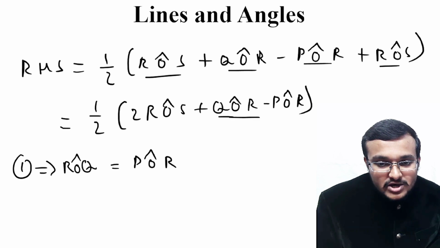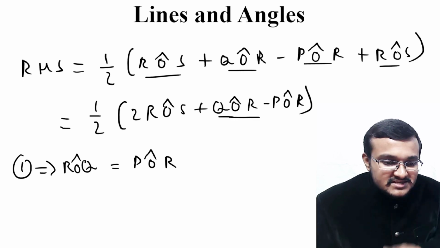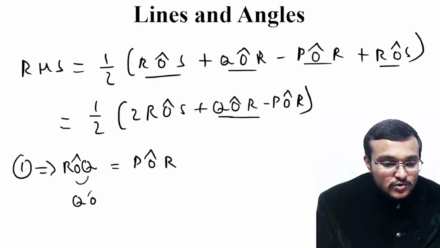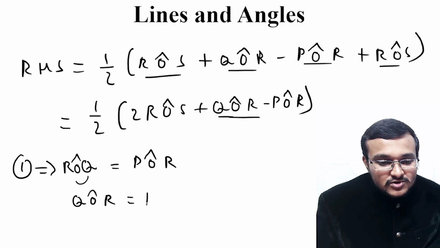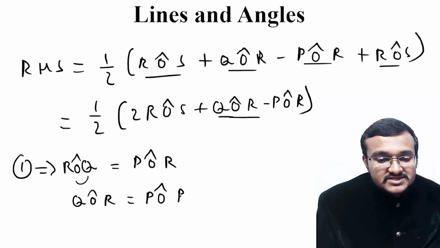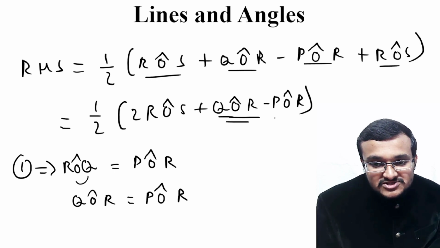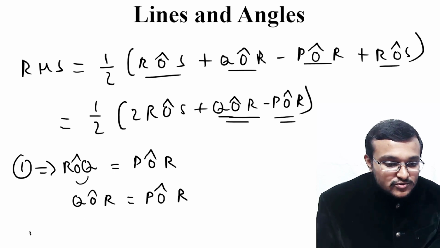Here we have QOR, here we have ROQ, so you can just interchange these external points. So QOR is equal to POR.